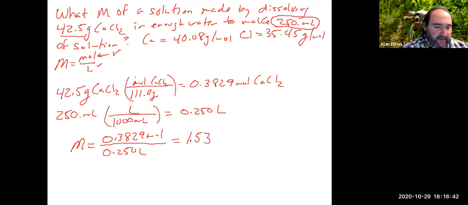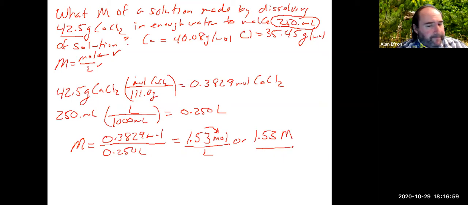In terms of the units, they don't cancel out, so it would be moles per liter, 1.53 moles per 1 liter. Or you can just write 1.53 big M, which is another way to give the answer. Any questions on that?